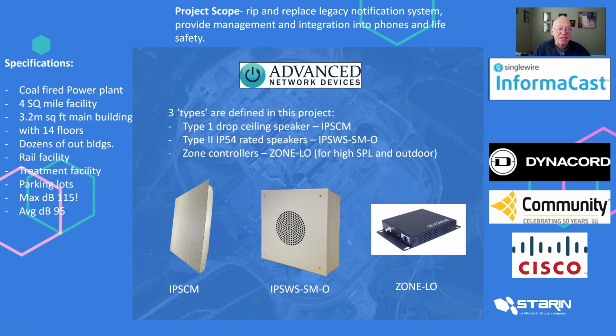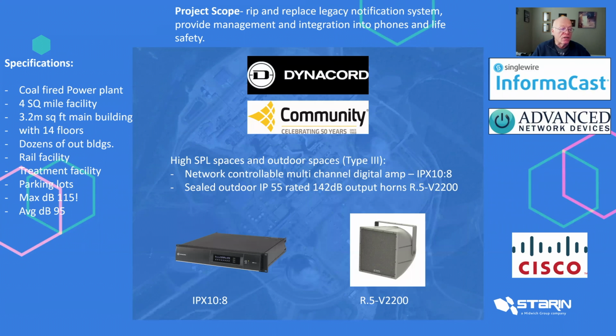And then for the high SPL locations and outdoors, where we're covering parking lots and other spaces, we're using the A&D zone controller along with Dynacord networkable amps and IP55 rated horns that run 142 dB max output.